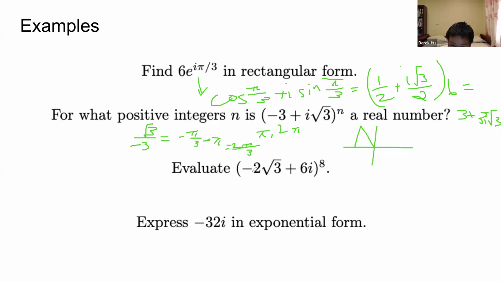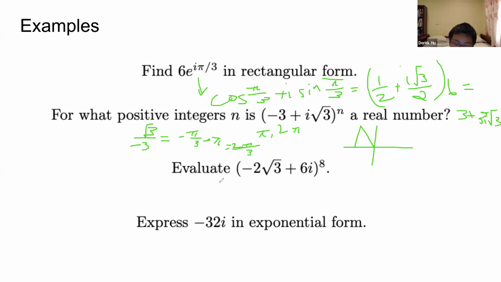And then for this one, we need to evaluate (-2√3 + 6i)^8. If we expand this, it will take forever since there's an 8th power. However, we can use the rules we learned.